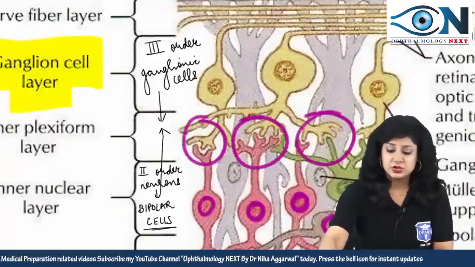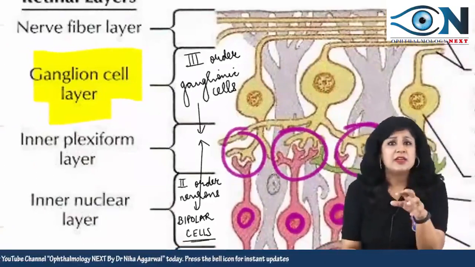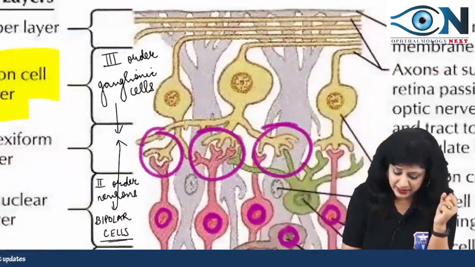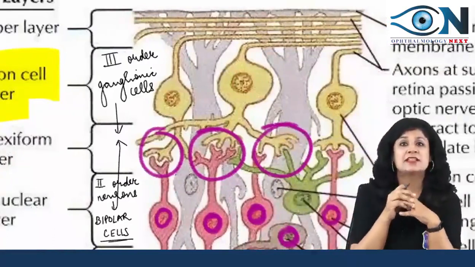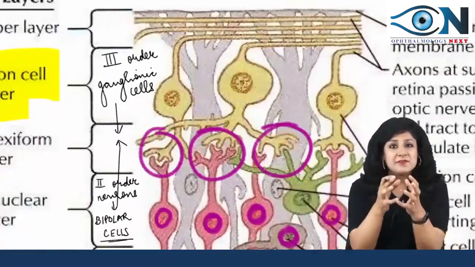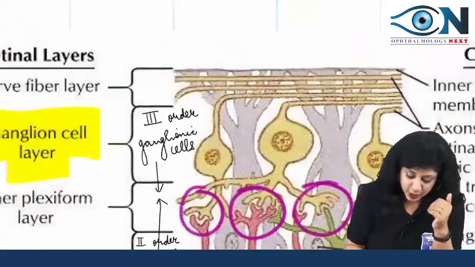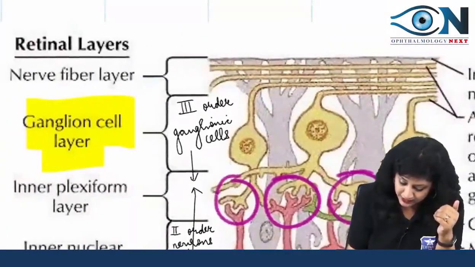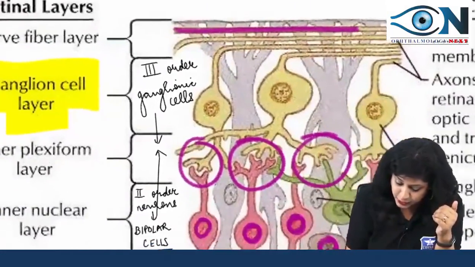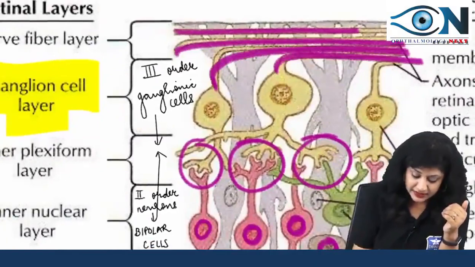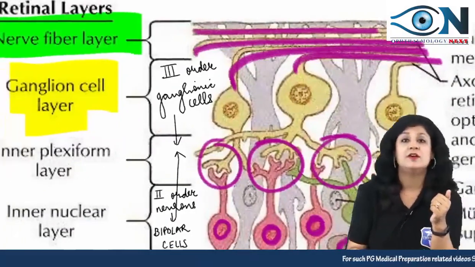So when you reach the layer of the ganglionic cells, which are your third order neurons, the dendrites and axons are projecting into the next layer. Can you see these axons are going in the next layer? So what is this next layer? This next layer is your nerve fiber layer.